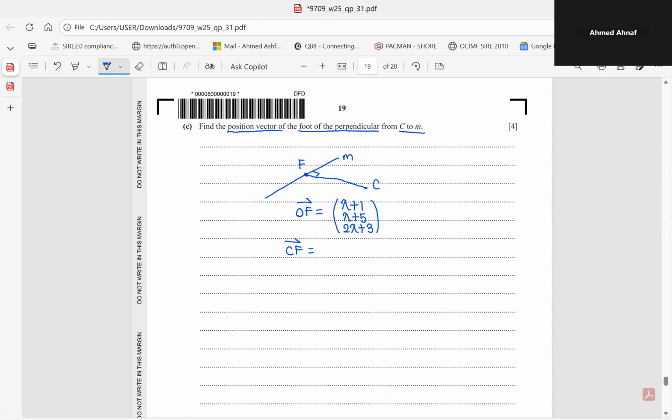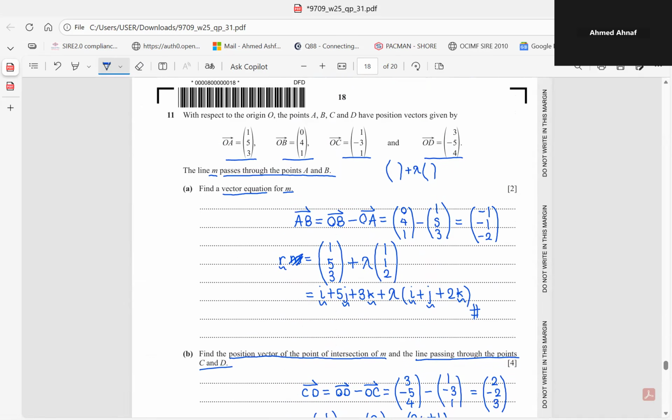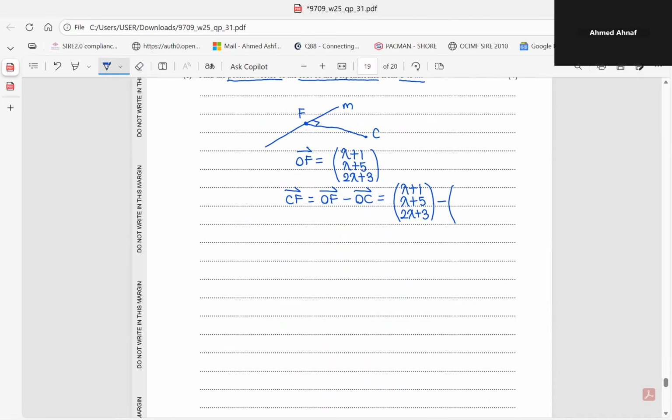So CF would just be OF minus OC. So OF is lambda plus 1, lambda plus 5, 2 lambda plus 3 minus OC. OC is 1, minus 3, 1. So 1, minus 3, and 1.